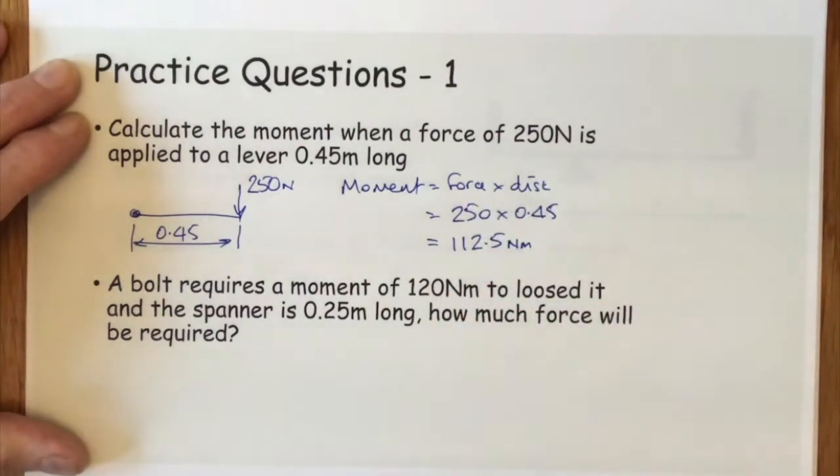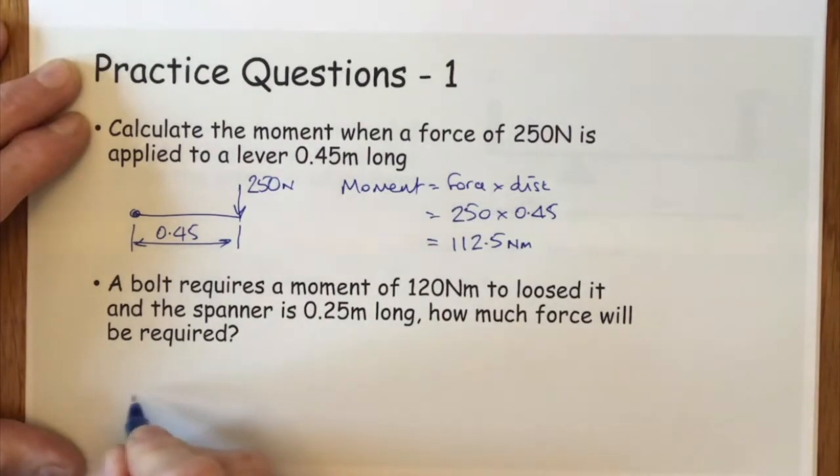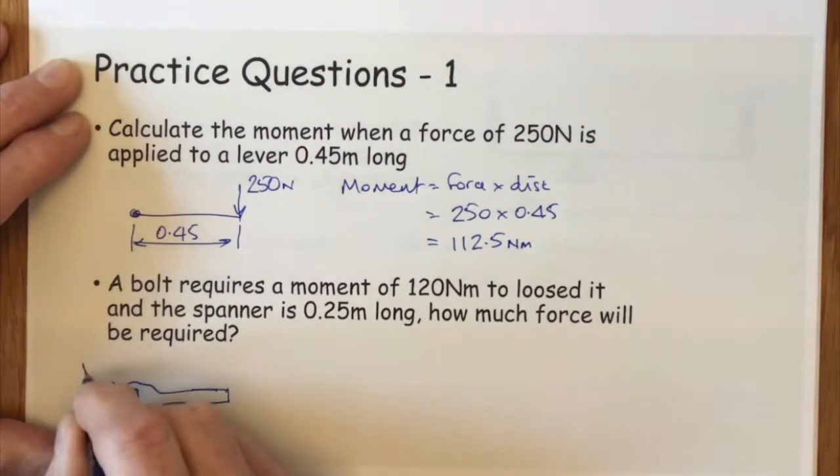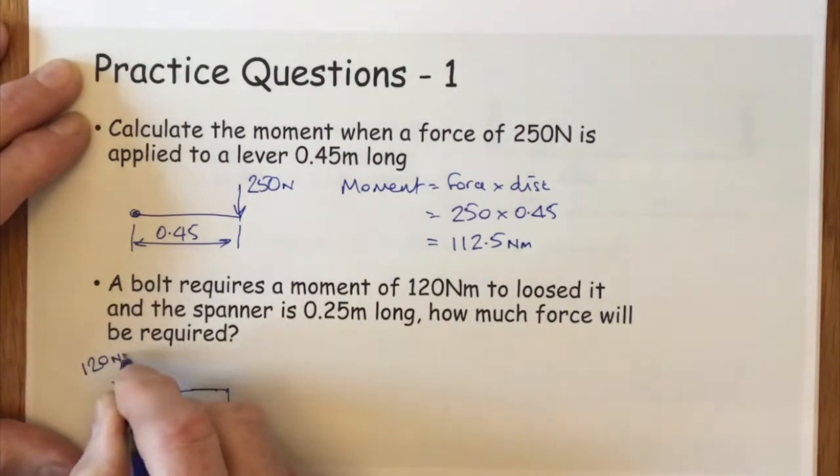The second one says a bolt requires a moment of 120 newton metres to loosen it, and the spanner is 0.25 metres long. How much force is required? So for this one, we draw a quick simple spanner like this, and we know the moment there is 120 newton metres.